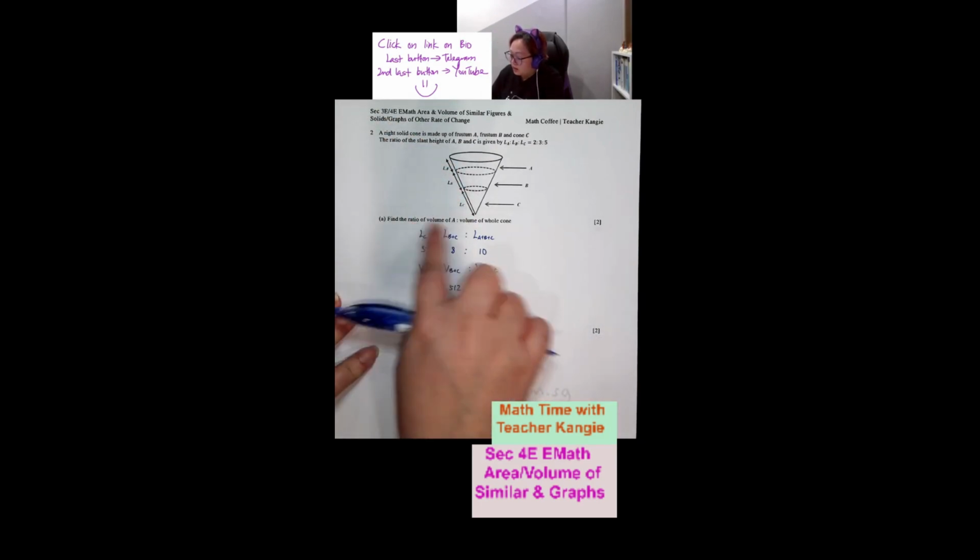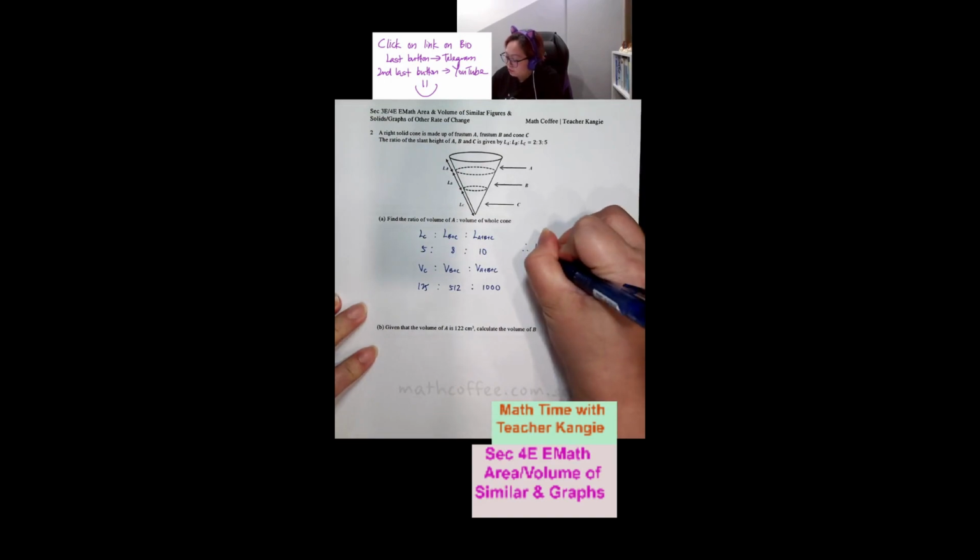Okay, so now see here, therefore the ratio of A is to the whole cone. A is only the frustum A. So how am I going to find the frustum A?